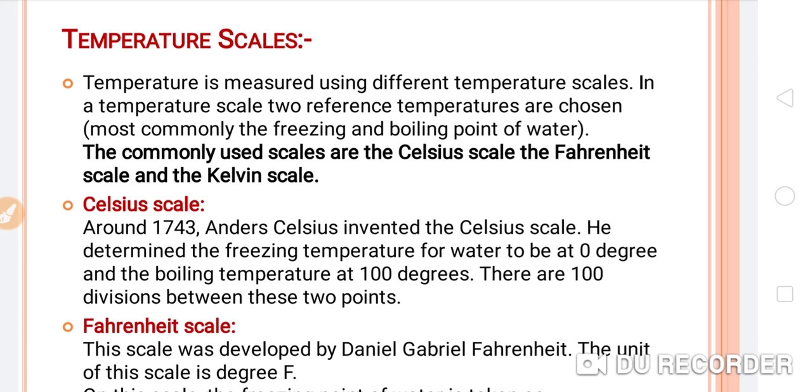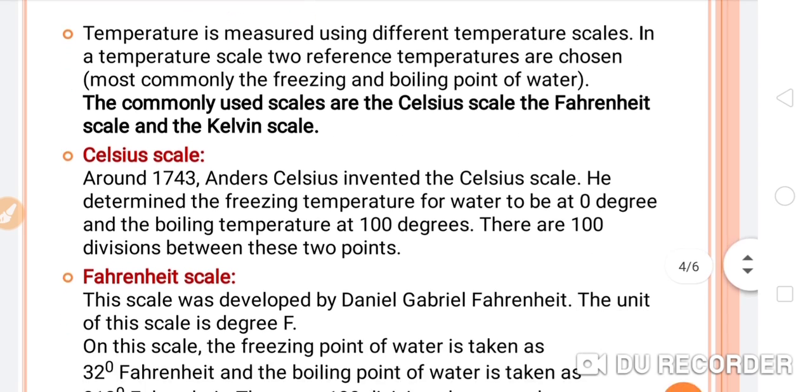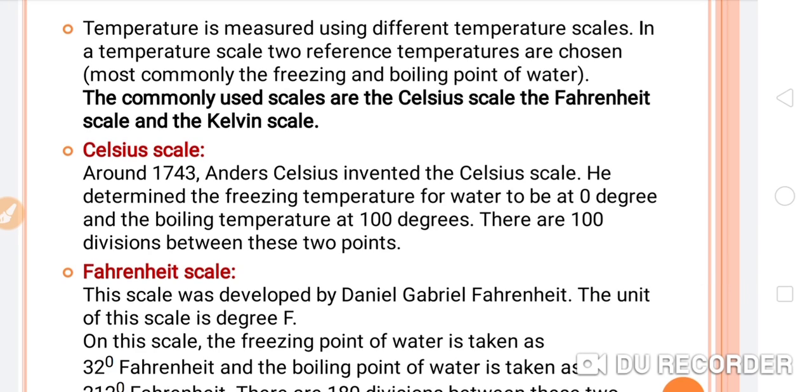Let's see what the Celsius scale is. Around 1743, Anders Celsius invented the Celsius scale. He determined the freezing temperature of water to be 0 degrees and the boiling temperature to be 100 degrees.